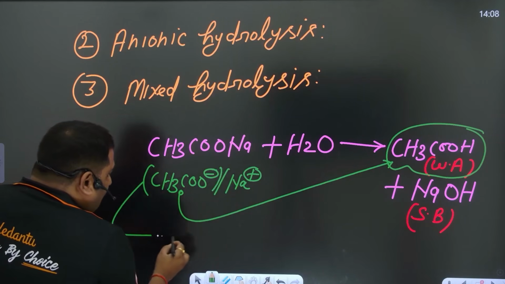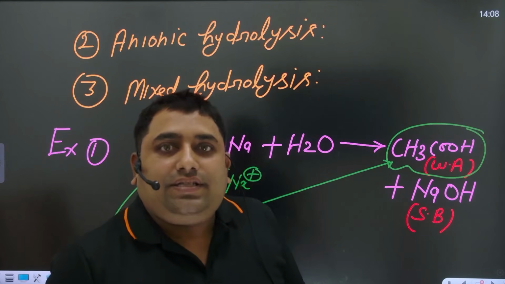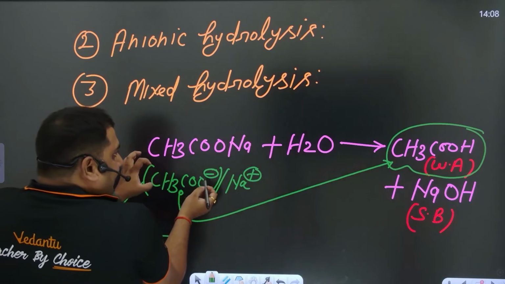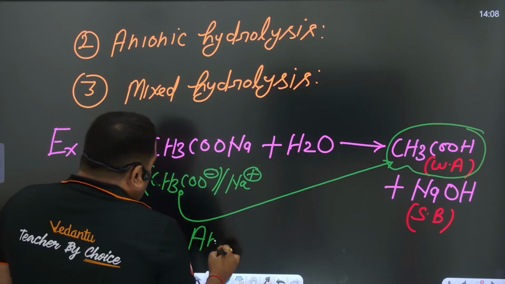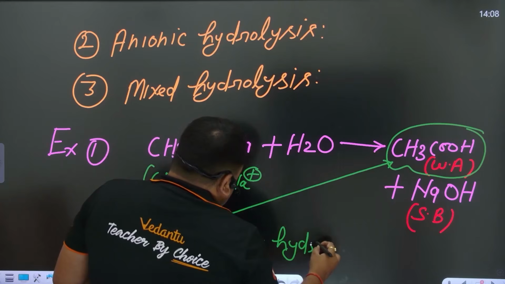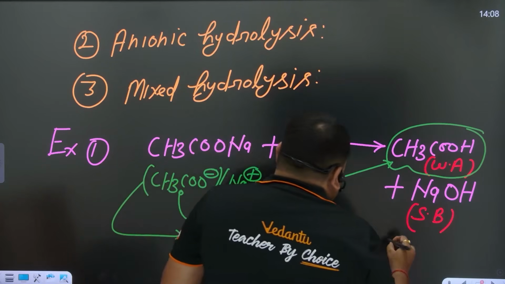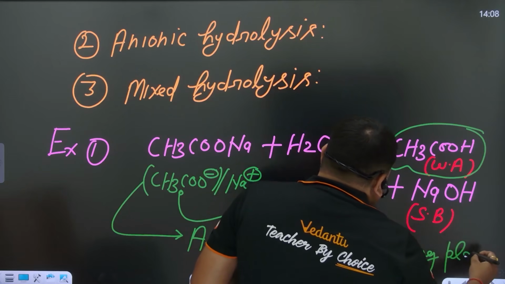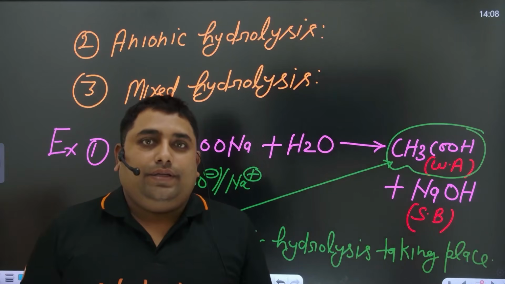So in this molecule, we can say anionic hydrolysis is taking place because this weaker part came from this anionic part. So in this salt, anionic hydrolysis is taking place, right? So this is the way to predict anionic hydrolysis.